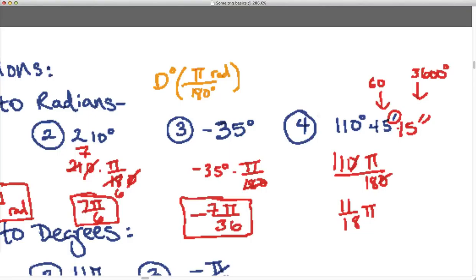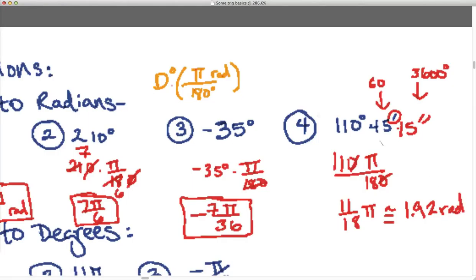There it is. Second equals divided by 18 gives me 1.9198. We'll say 1.92. So that's roughly equal to 1.92 radians.